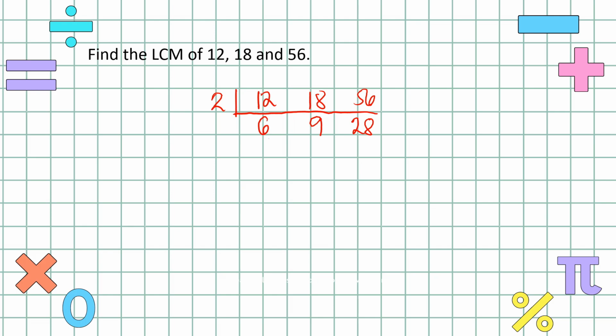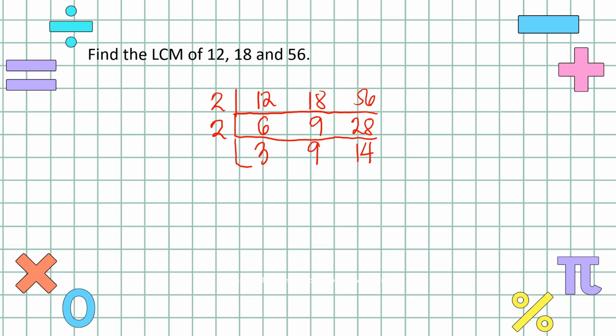You can see here, 6 and 28 have a common prime factor, which is 2. So we'll continue the process. Remember, at least two numbers sharing a factor will do. So 6 divided by 2 is 3, 28 divided by 2 is 14. What are we going to do with the 9? Since we did not divide it by 2, we leave it as is.